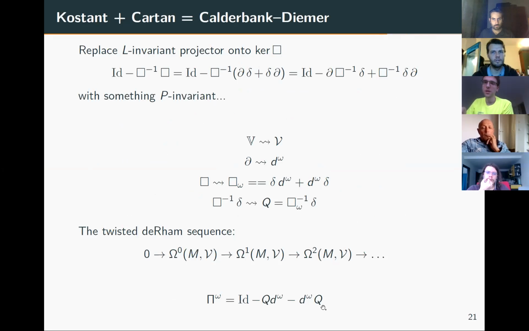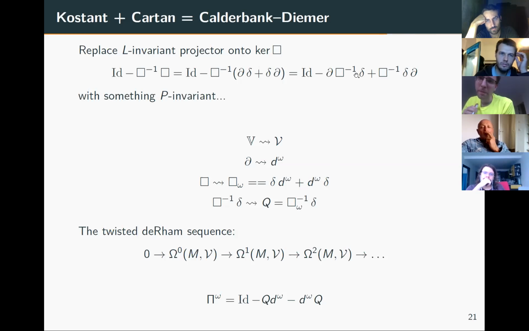Okay. And Q is made out of the inverse of this delta D plus D delta. Yes. It's really, you just look at the projection to harmonic forms in the algebraic setting. You rewrite it a little bit, and then you identify these 2 guys and name them Q, and you try to move it to this bundle side.